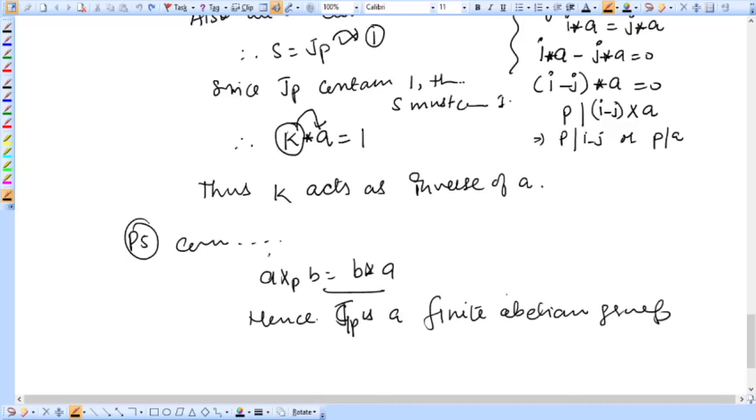You can write at the end, since JP contains p minus 1 elements, therefore it is a finite abelian group of order p minus 1, right?